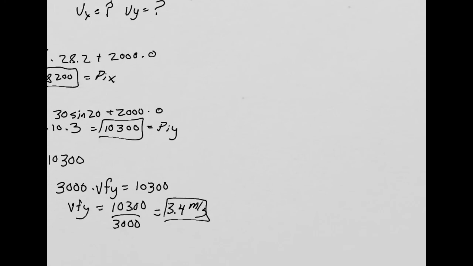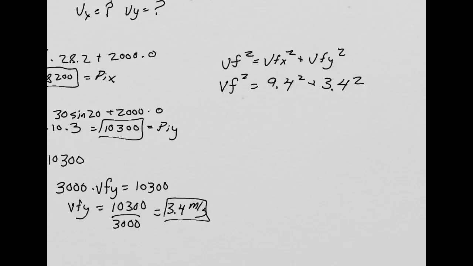So V final squared is equal to V final x squared plus V final y squared. So V final squared is equal to 9.4 squared plus 3.4 squared. So 9.4 squared, if we plug it into our calculator, is 88.36. Apologies, 3.4 squared is 11.56.